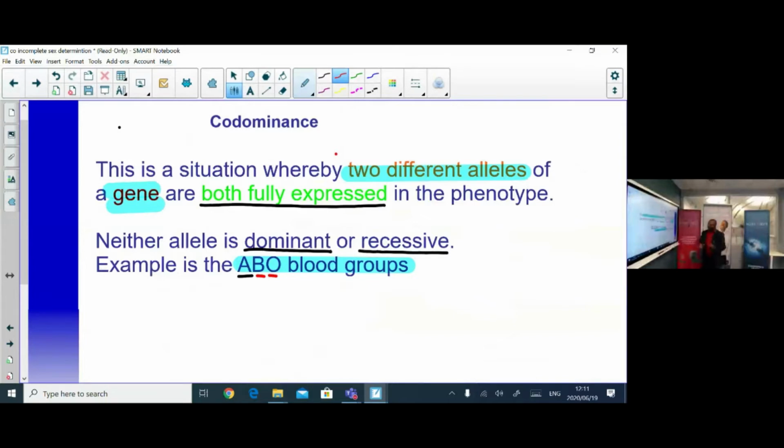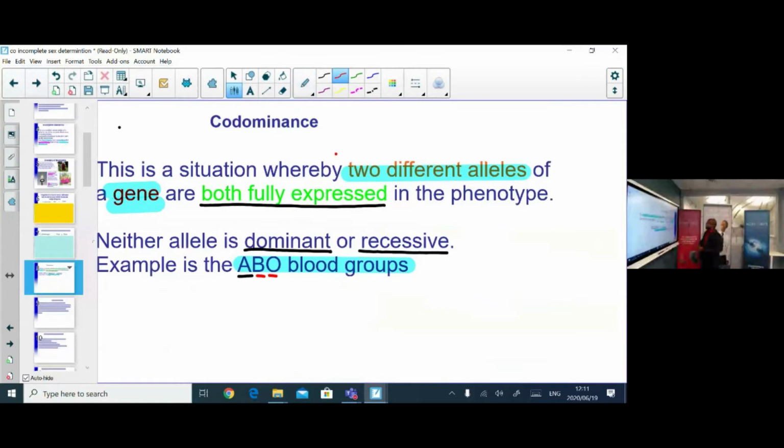We will come back to codominance and, as usual, solve some genetic problems involving it. Are we following, grade 12? Hopefully so.